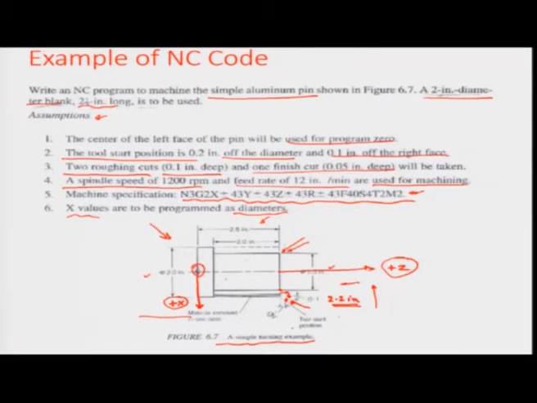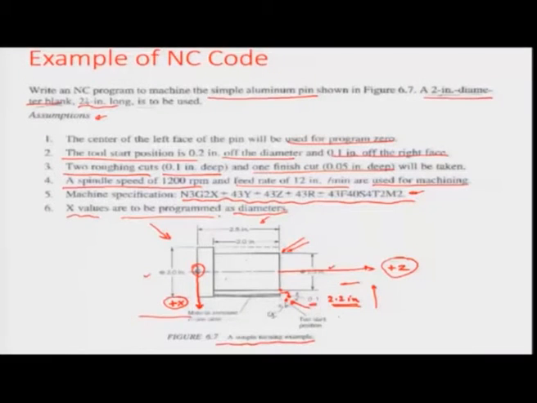Remember, we are programming in diameters. So, if we are talking about 0.1 inch radius, it corresponds to 2.2 inches diameters. So, that is what the whole idea is, that x values are to be programmed as diameters. So, you have 2.2 inches and then you have 1 inch off the 2.5 inches here from the origin. Everything is with reference to this point right here, which is the origin.